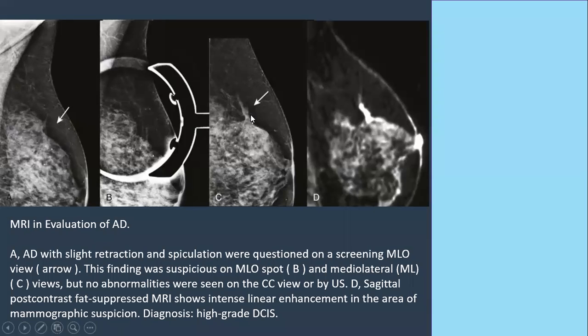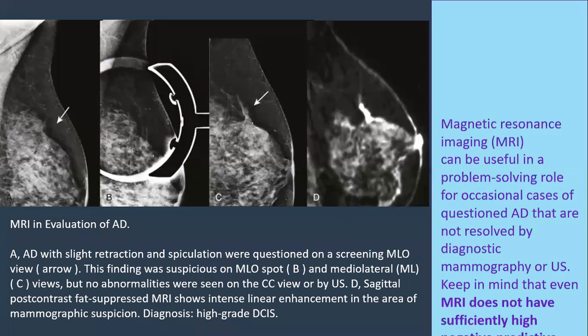I cannot say leave it like this. Since it is suspicious, I will proceed. Do the MRI, which definitely demonstrates linear enhancement, and the biopsy diagnosis was high grade CIS. We cannot ignore it.